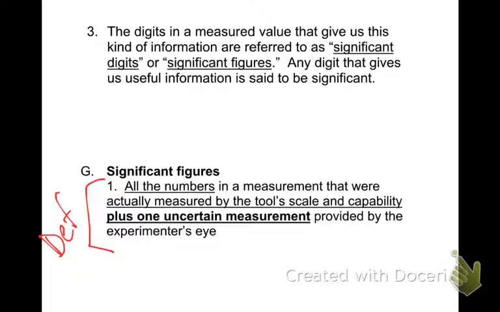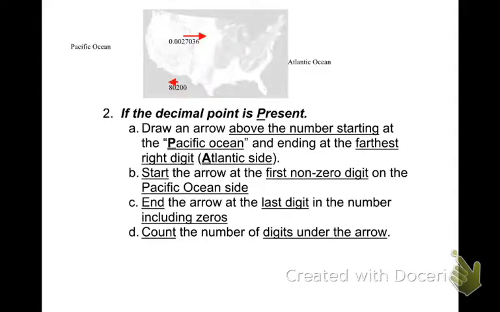That uncertain measurement is the measurement that you took with your eye. So when you were looking at the measurements on the previous page, what you saw might have differed from what I saw. So that's the uncertain digit that we're talking about. You always have to have one digit that you read with your eyes, a little farther than what the actual tool is capable of.